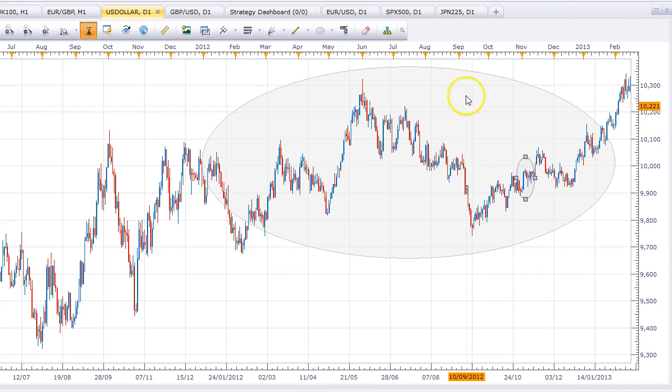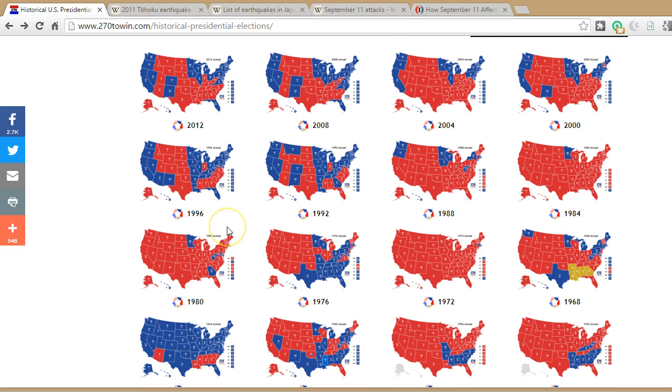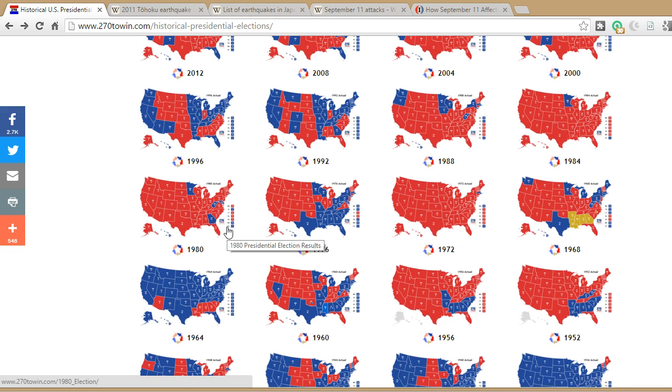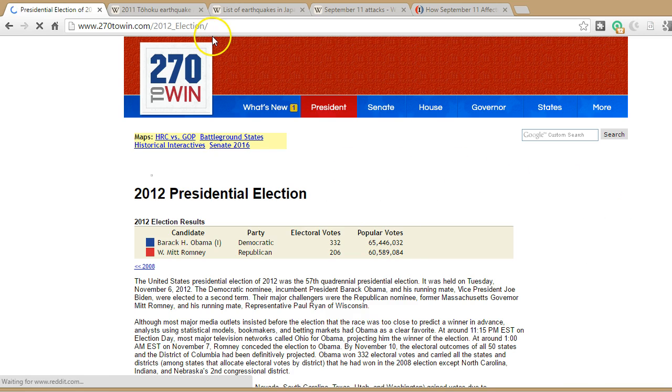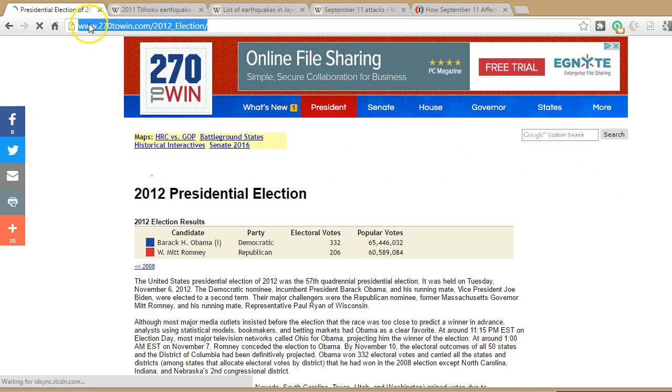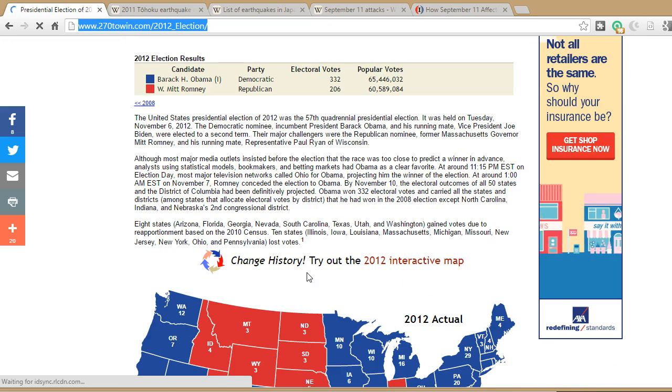So I want to go back before the sort of tightening and the rate hike, much before actually. I want to go back to 2012. Why? Because in here are the different elections, and in 2012 we had, so this website, by the way, is 270toWin.com, and it shows you all the presidential elections for the United States.